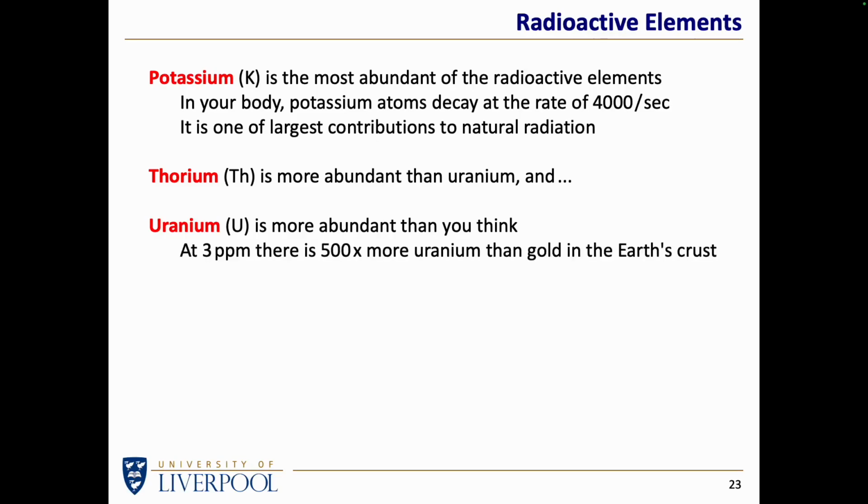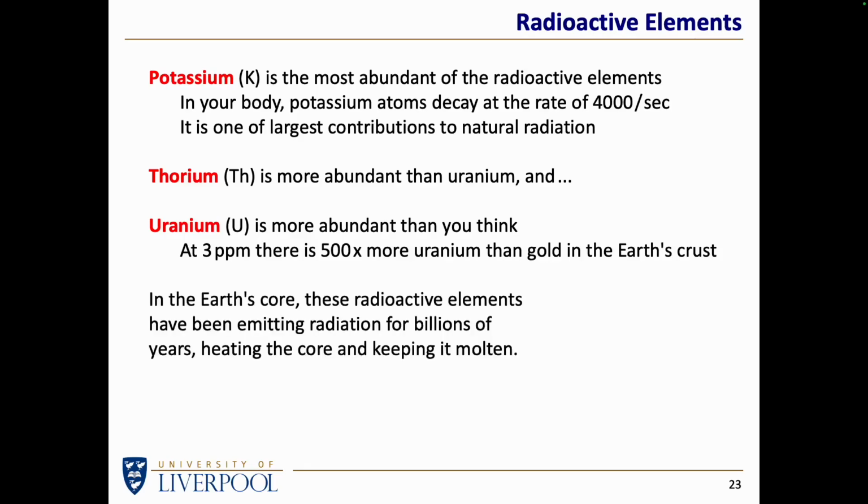There are 3 parts per million in the Earth's crust. That's 500 times more than gold. So the only reason we dig gold out of the crust rather than uranium is it's easier to dig gold out of the Earth's crust. There is far more uranium. It's not necessarily in a part of the world that we have easy access to, but there's a lot of it in the Earth's crust.